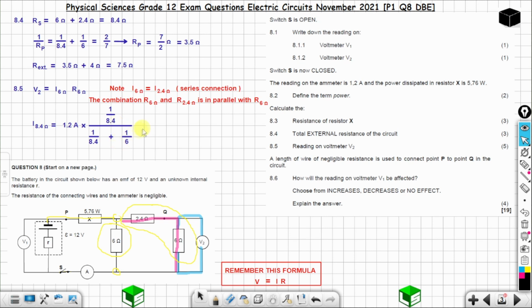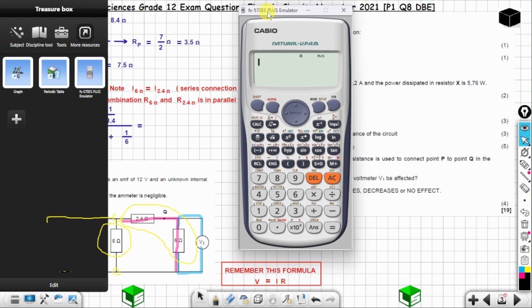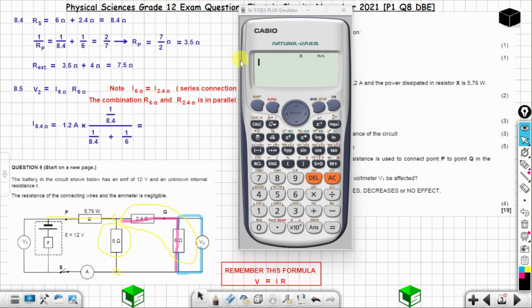So this is equal to, let's use the calculator. 1.2 times 1 over 8.4 over 1 over 8.4 plus 1 over 6, you have 0.5 amperes.